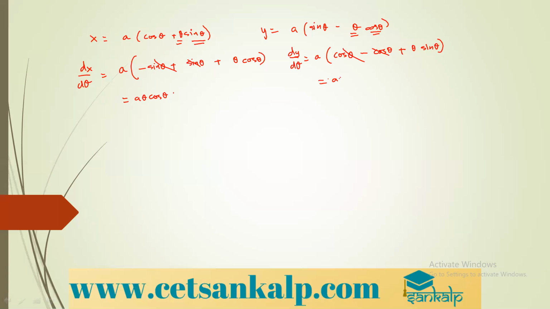Cos theta cancels, a into theta sin theta. So dy by dx will be a theta sin theta by a theta cos theta. A theta will cancel and tan theta will be the answer.